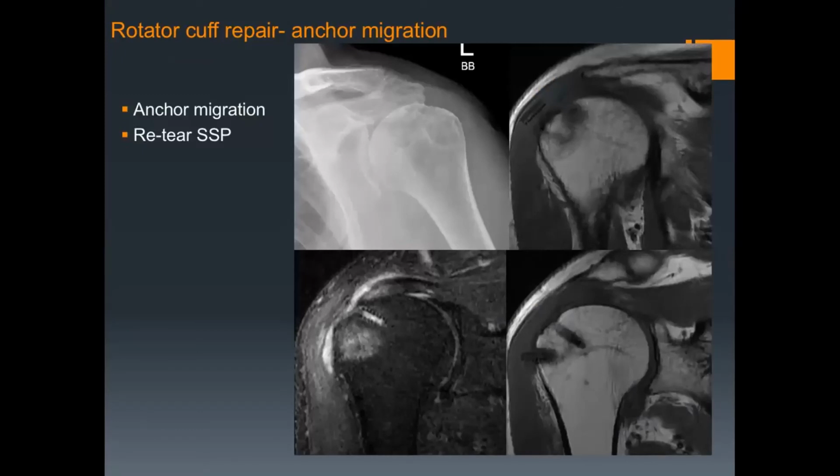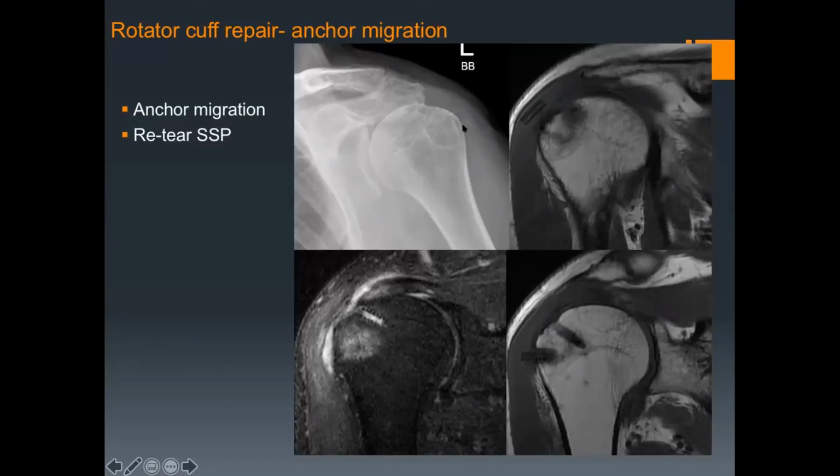So this is an example of anchor migration in a rotator cuff repair. You can see from this plain radiograph, it's pretty subtle, but you can just about make out a displaced anchor here in the deltoid region. You can also just about make out that the more distal row anchor has started to back out of the greater tuberosity.